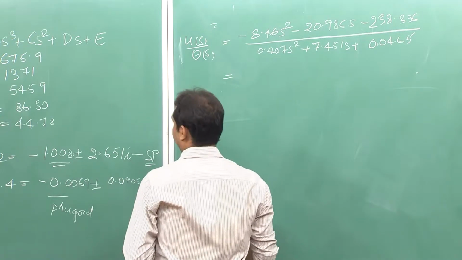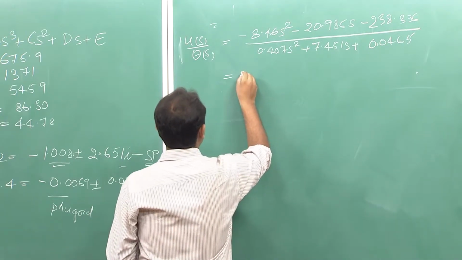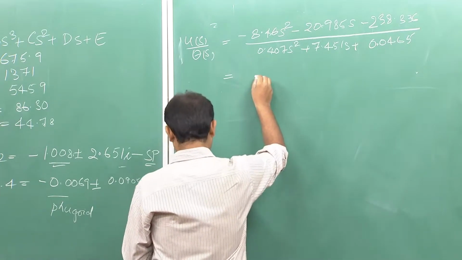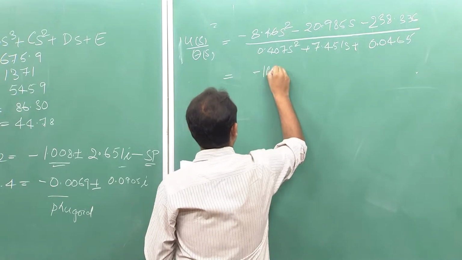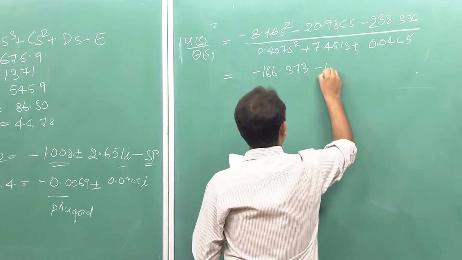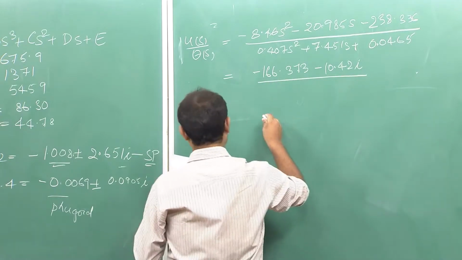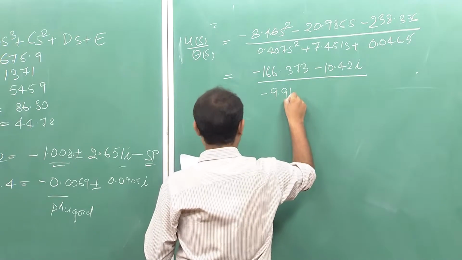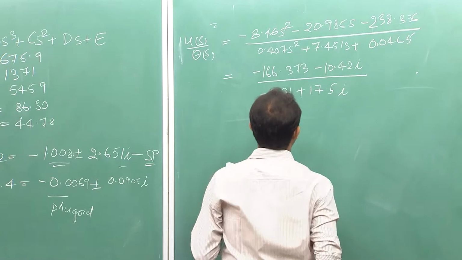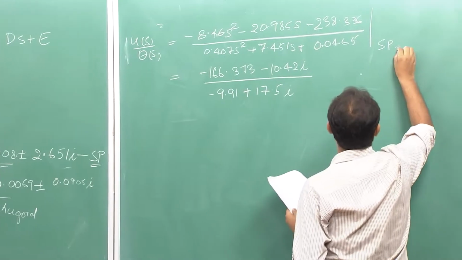Substituting the value of short period mode roots, the final value in terms of complex numbers will be minus 166.373 minus 10.42 I divided by minus 9.91 plus 17.5 I. This is the value at the short period mode root.